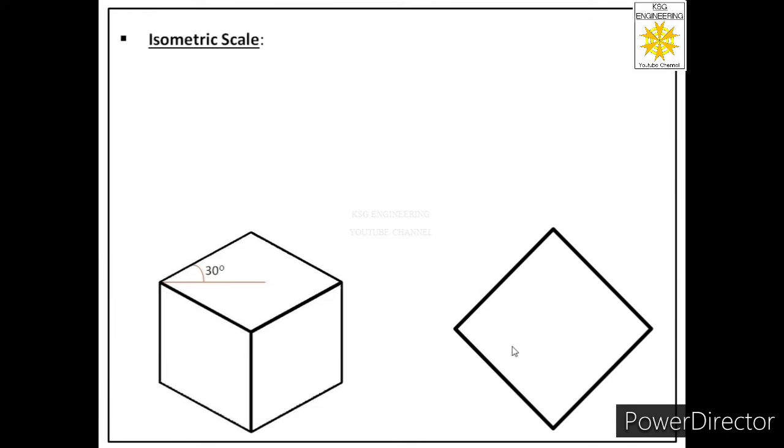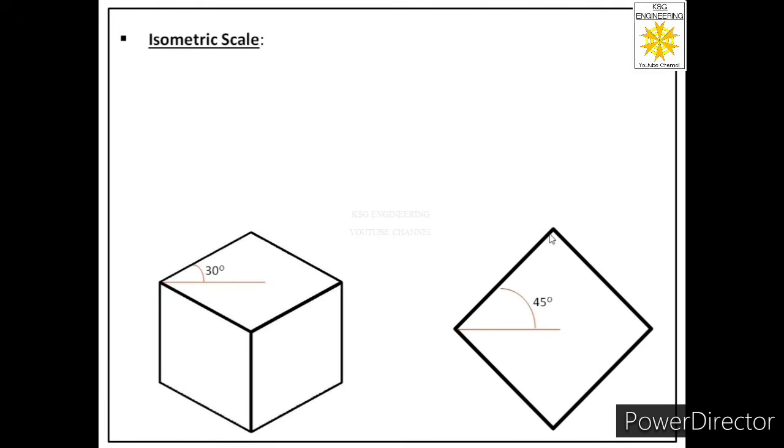But if we observe the top view of the cube, in the top view, this angle is 90 degrees because it is a square, and half of that will be 45 degrees. But you can see in the isometric projection, the top face of the cube is here, and this angle is 30 degrees in the isometric projection, but actual angle is 45 degrees.